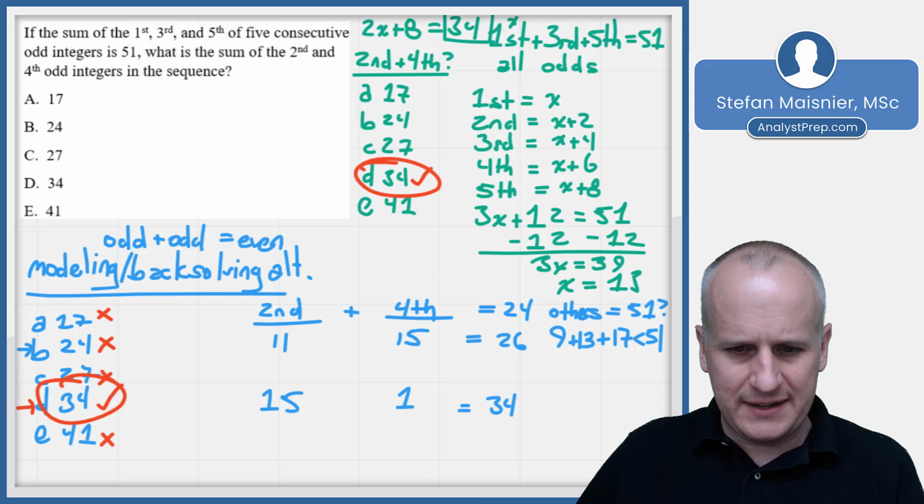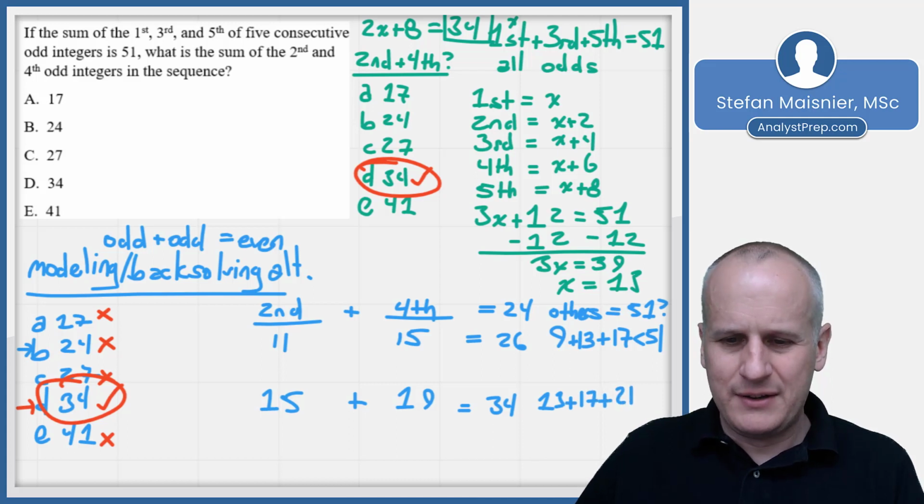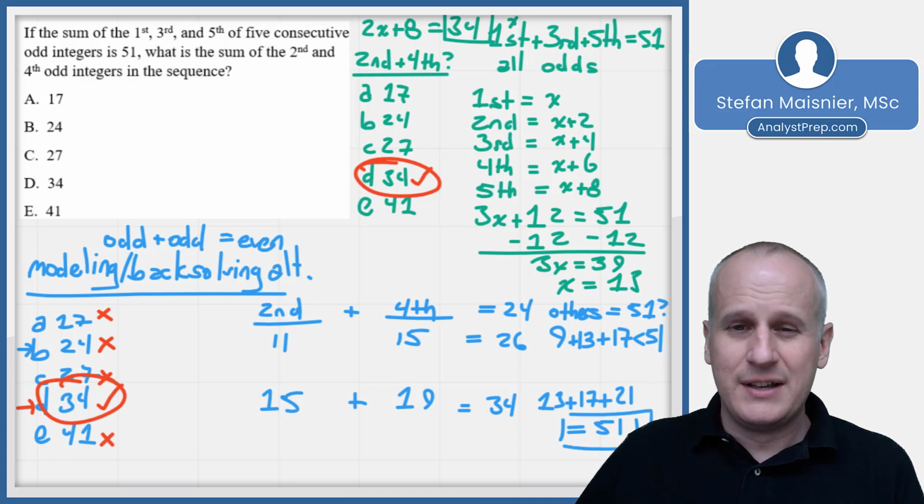So 15 and 19 here would add up to 34. And if we did 13 plus 17 plus 21, well, 13 plus 17 is 30. 30 plus 21 is 51. And there's my exact answer, doing it kind of a reverse engineered sort of way.